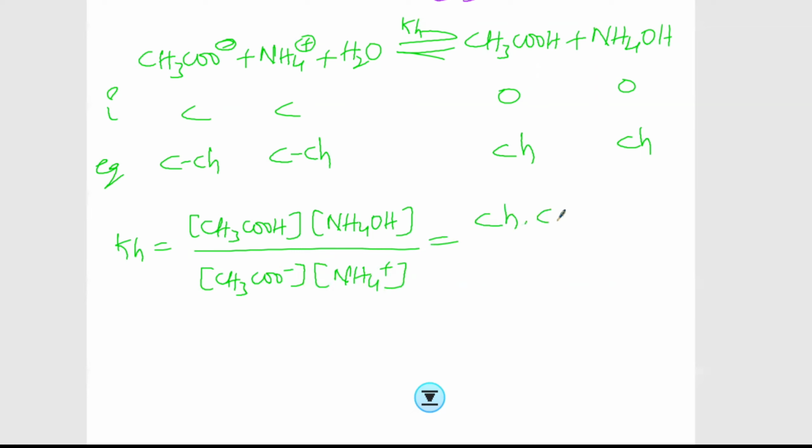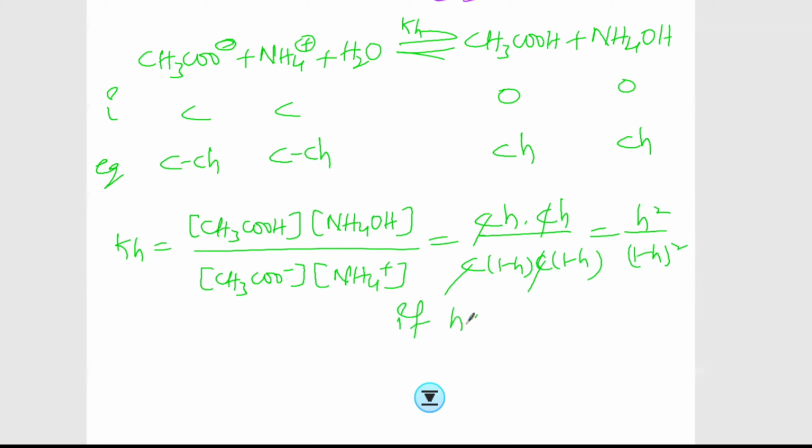This is equal to Ch into Ch by C into 1 minus h, common, and again C into 1 minus h. C gets cancelled, C gets cancelled. So h square by 1 minus h whole square. If h is less than 1, then 1 minus h is nearly equal to 1. Therefore 1 minus h square is also 1.